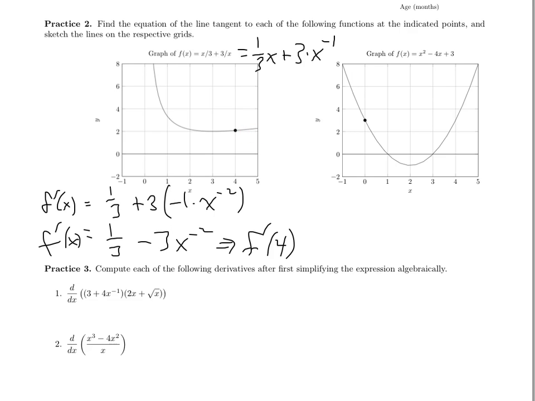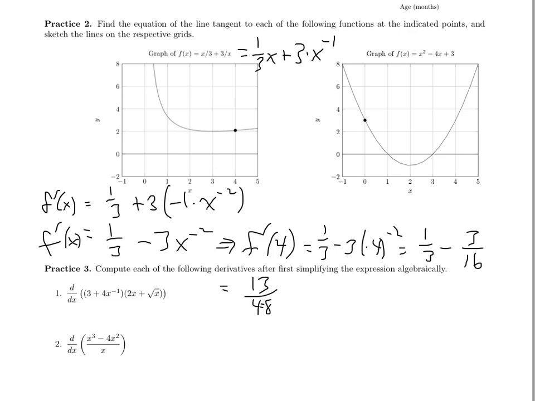So f prime of 4 is 1/3 minus 3 times 4 to the minus 2, and that is approximately, I'll write as a fraction. This is 1/3 minus 3 over 16, which is 13 over 48. So it's a fraction. You can put that in a calculator to find out what that is. It's about 0.3, but more than a quarter.